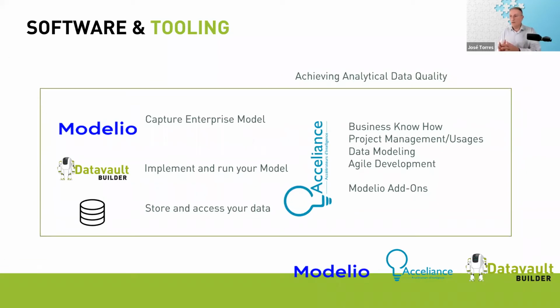On the right, this agile process involves the business knowledge, the project subset of data usage, the modeling and implementing of it in an agile manner, and all that digitization is provided by Acceliance, which developed Modelio add-ons that will augment the value of Modelio.